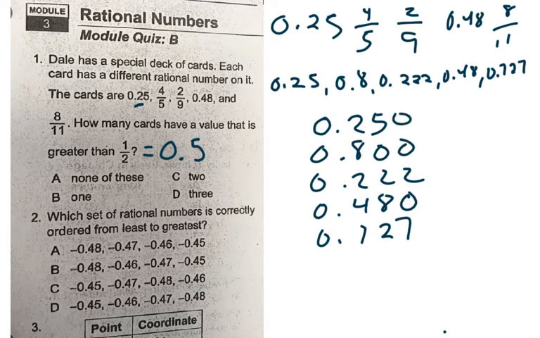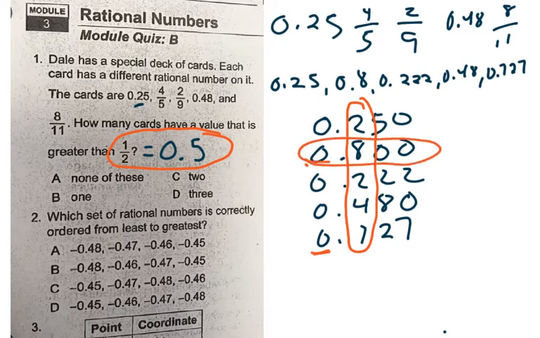Okay, so I'm looking for any number greater than 0 and 5/10. Well, I don't have anything to compare in my ones column here, so that doesn't help me. So now I'm looking at this column here, my tenths place. I'm looking for any number greater than 5. So here's one, and here's one.